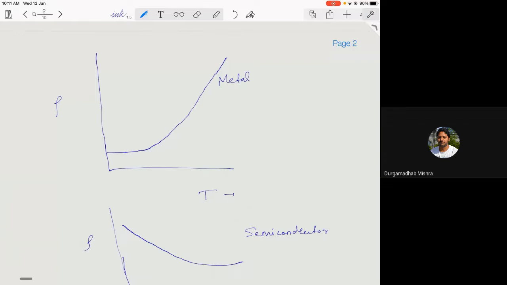Superconductors are nothing but perfect conductors, where the resistivity is zero. These materials have zero resistivity below a certain critical temperature, Tc. So Tc is a critical temperature.